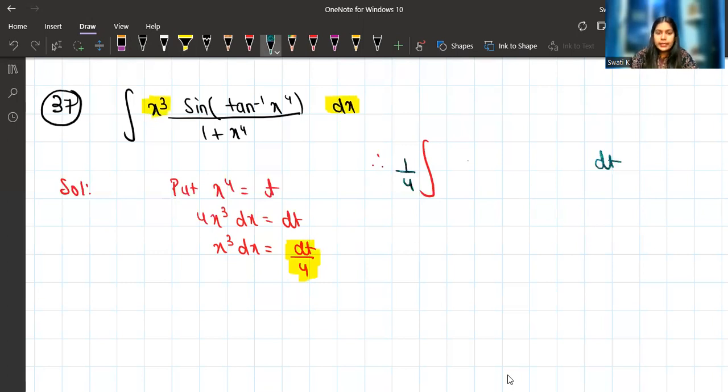And then sine as it is, then tan inverse x raised to 4 I have taken as t, so t, and then 1 plus x raised to 4, x raised to 4 I have taken as t, so it is 1 upon 1 plus t.